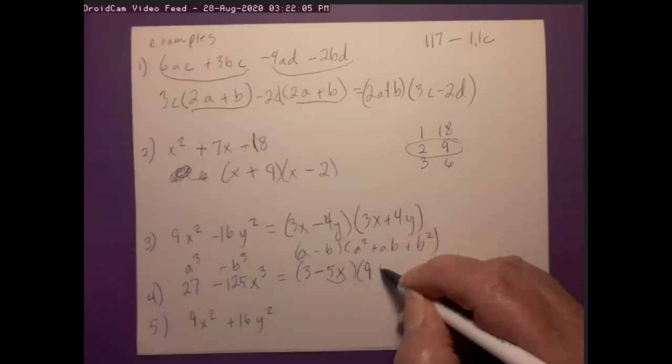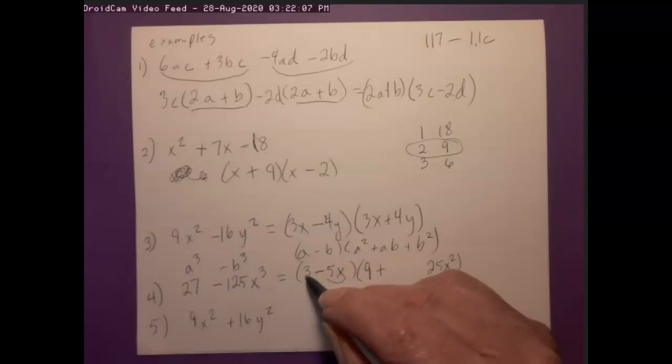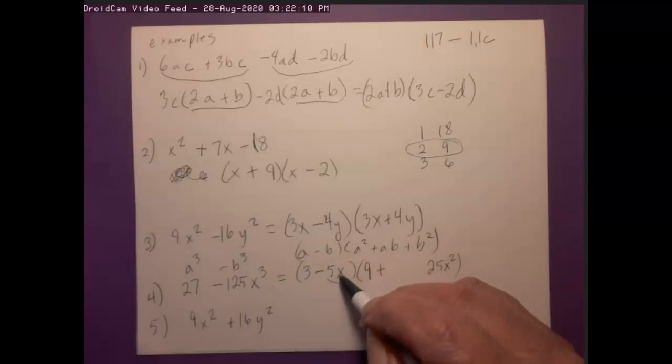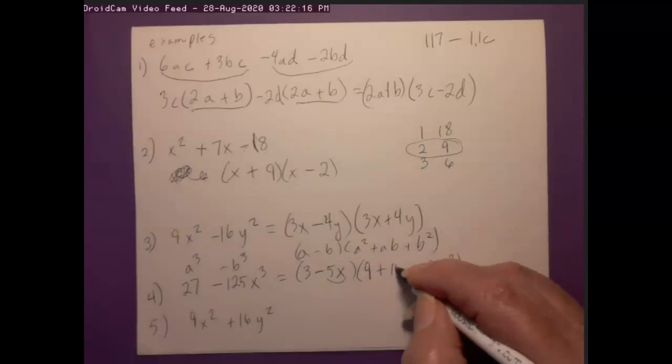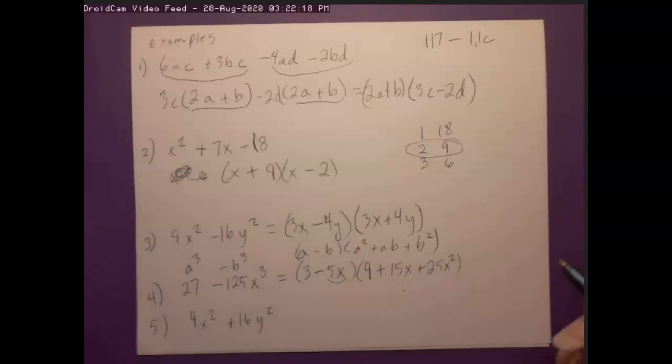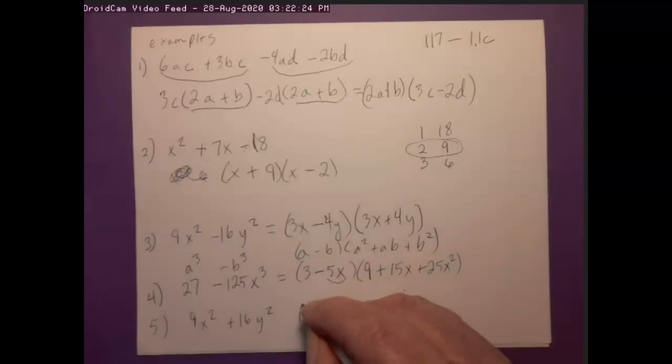And then I'm going to have a positive, and I'm multiplying these two. So once I have my a and b, I'm only using those to fill in for the second part of the formula. So this will be plus 3 times 5 is 15x, plus 25x squared. This is a sum of two squares, and that's prime.